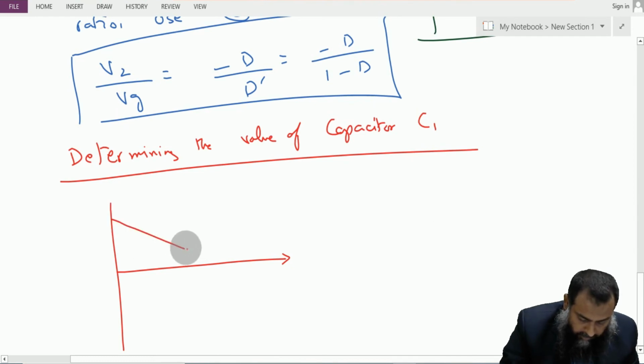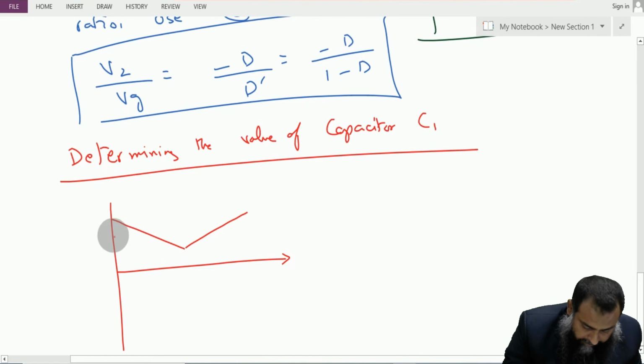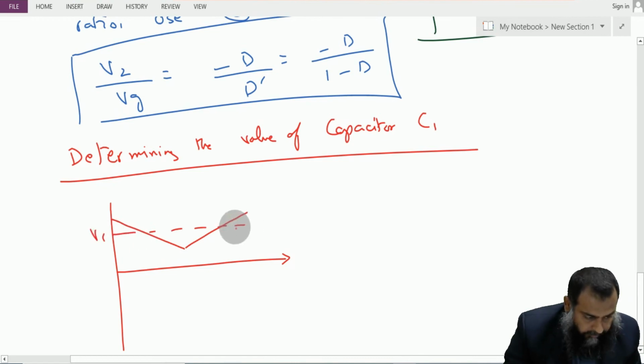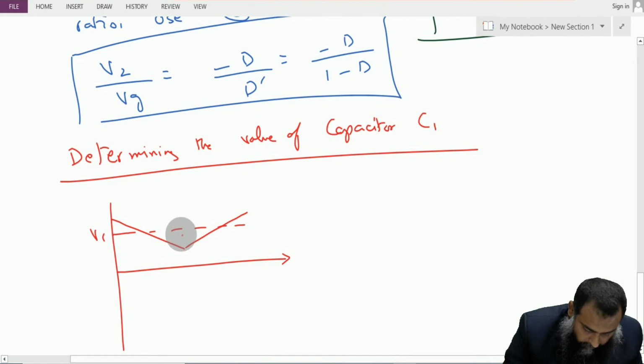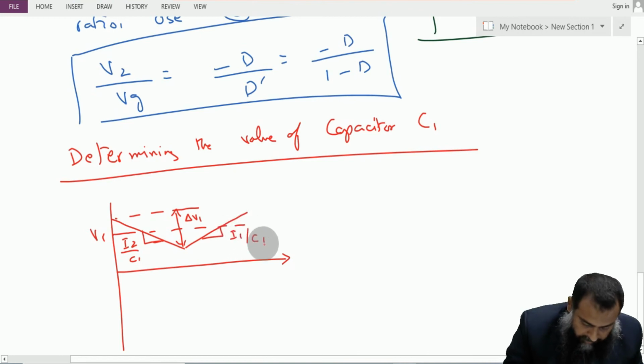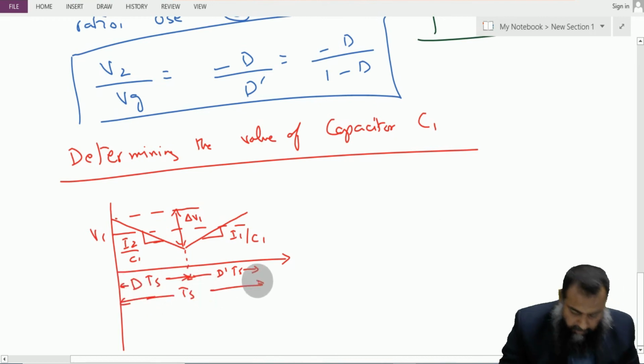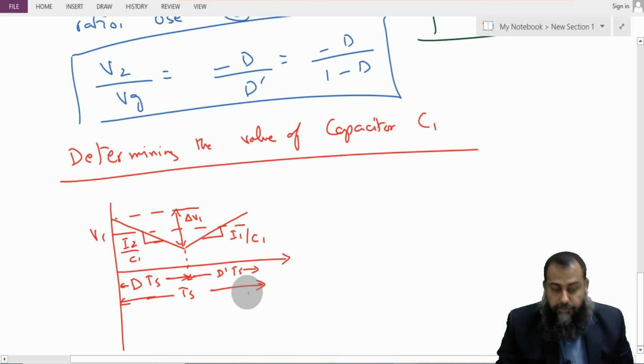This is V1, and this is delta V1. The slope here is equal to I2 over C1, and the slope here is I1 over C1. This is for the time DTs, and this side is for D dash Ts, and this whole is the switching time, or the Ts, of the switch.